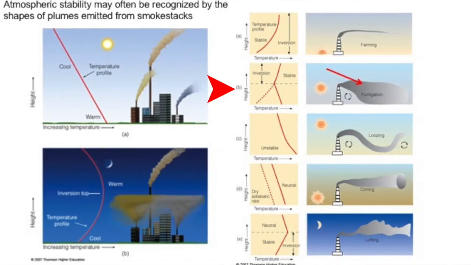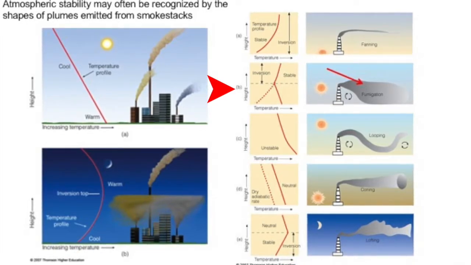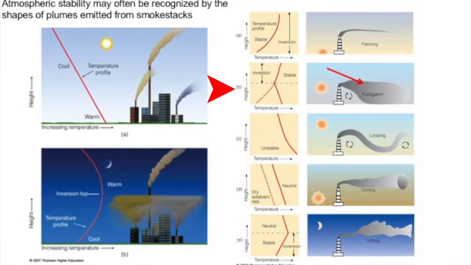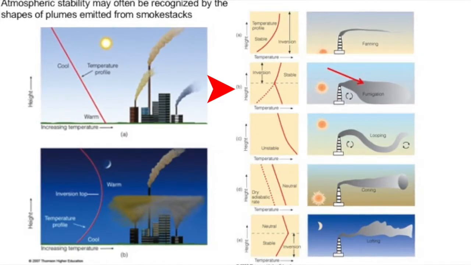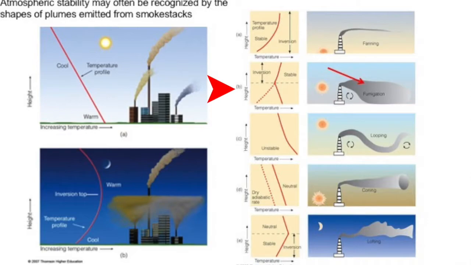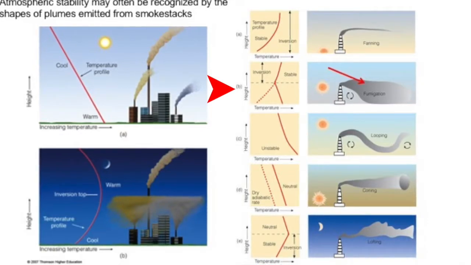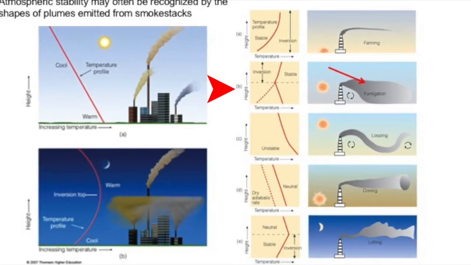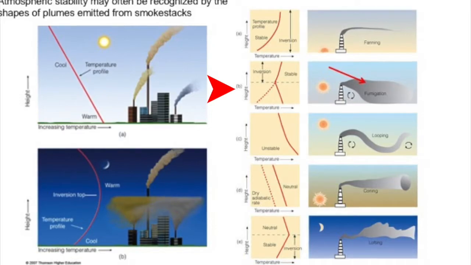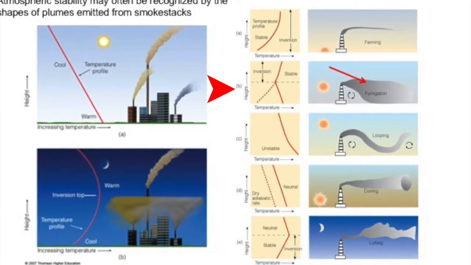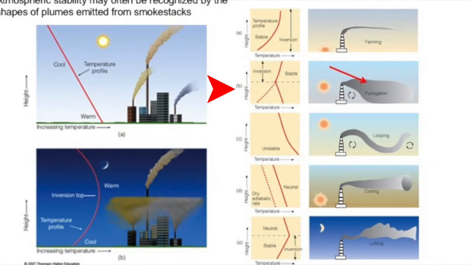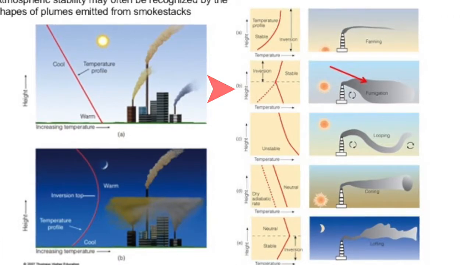The inversion is above the plume, and the instability that will create mixing is below the plume. This happens most often after the daylight zone has warmed the atmosphere, which turns a nighttime fanning plume into fumigation.